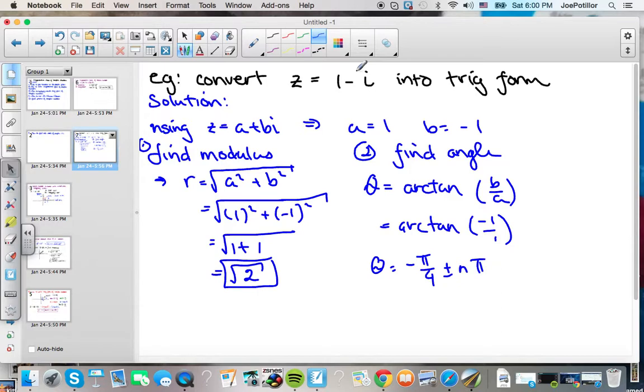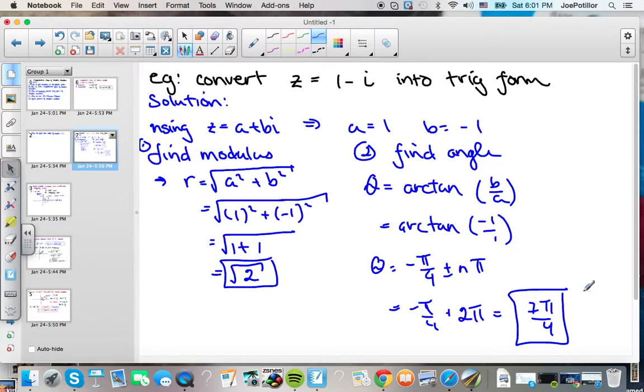So you can leave the angle as such, but we're going to use the positive angle. If we add 2 pi to this angle, we're going to get 7 pi divided by 4. Okay. And that's the angle that we'll use. It doesn't matter, I could have left it as negative pi over 4, but it's sometimes easier to work with the positive angle. So that's what we'll do here.